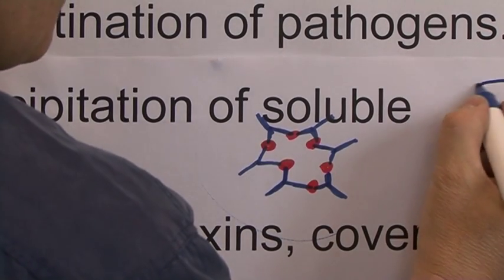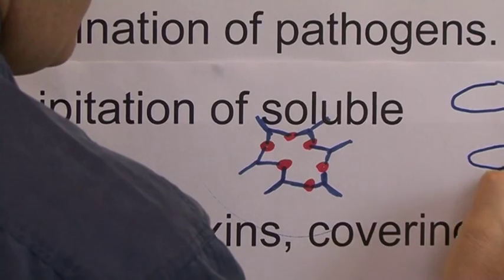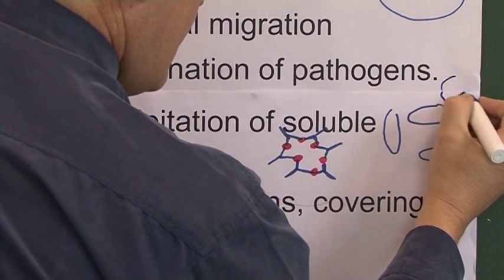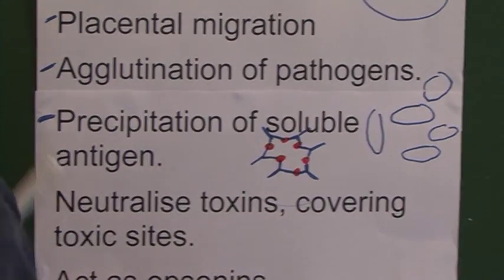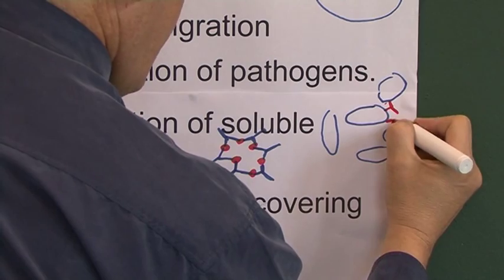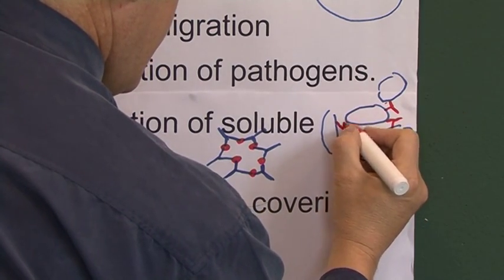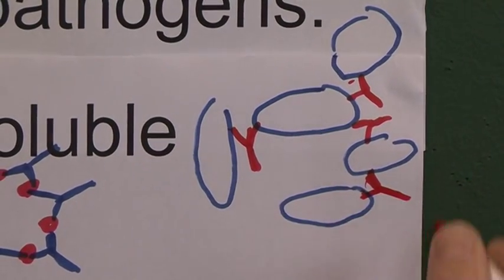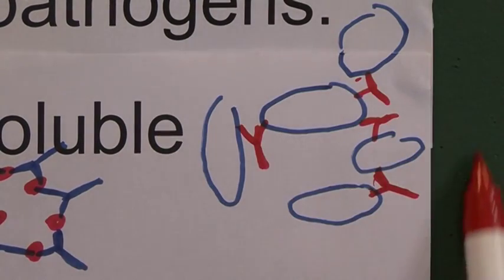Or if there's lots of bacteria or viruses, again, all clumped together by the antibodies. Let's draw the antibodies red this time. Clumping them all together. That also is an immune complex.